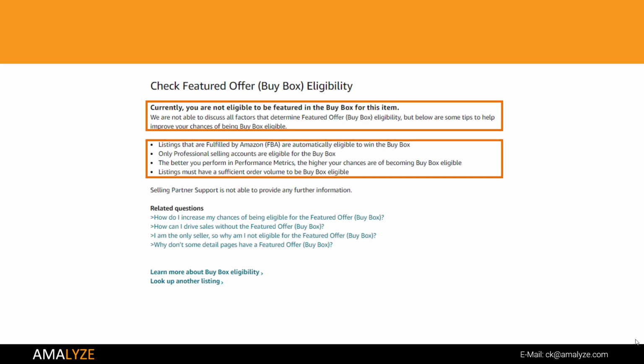That is the difference. Professional selling accounts are eligible, and the better you perform, and the listing must have a sufficient order volume. That is what Amazon has taught us before. More interesting are the related questions here. You can directly find new steps and more information about it. But that is not the topic today.